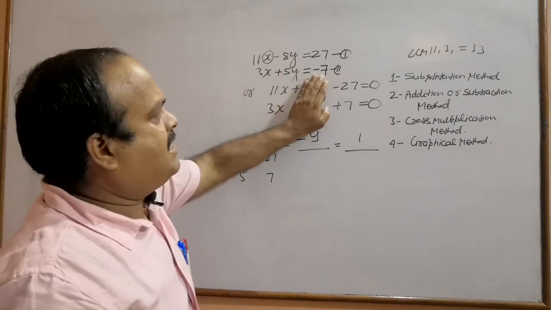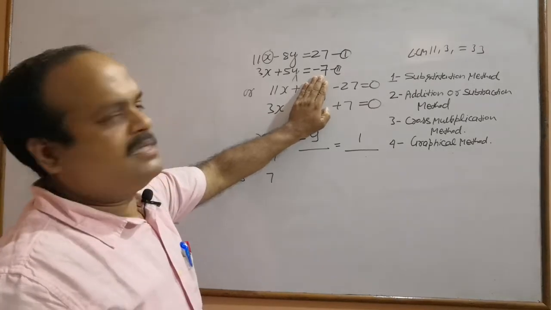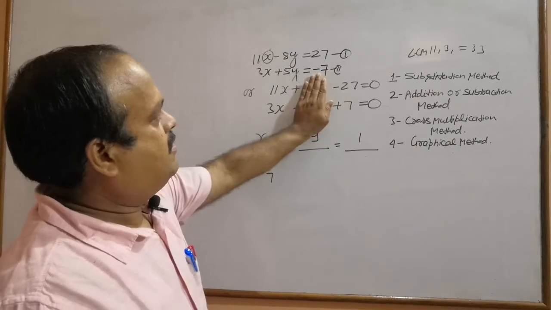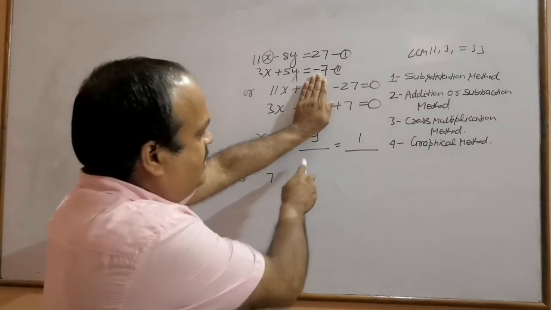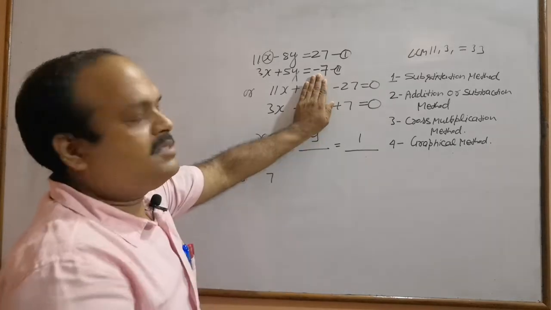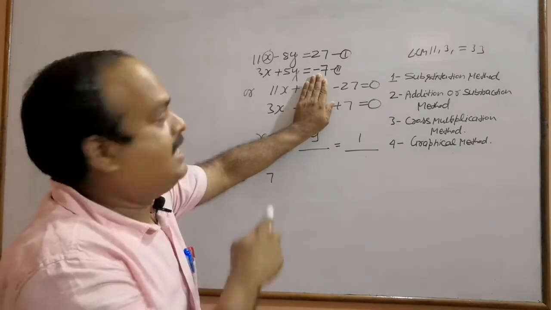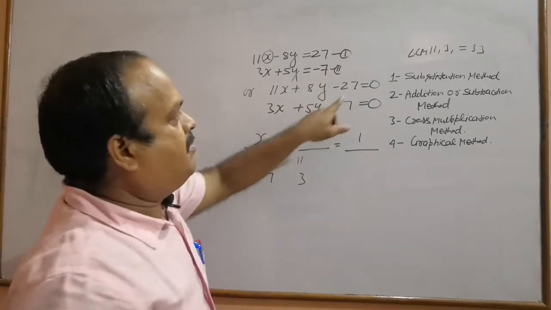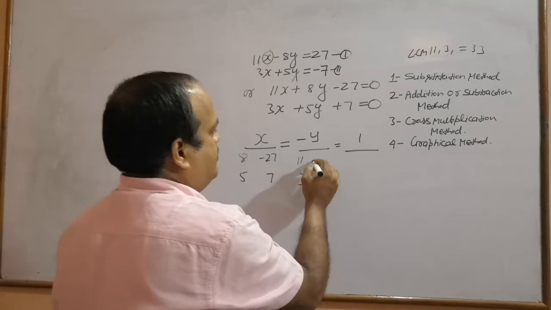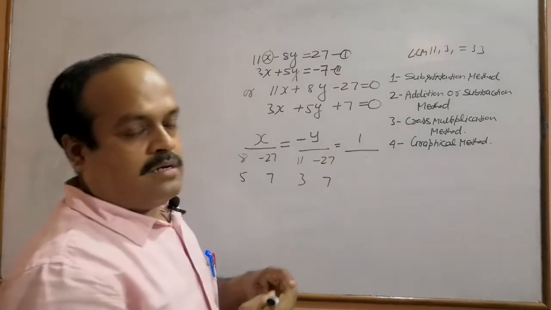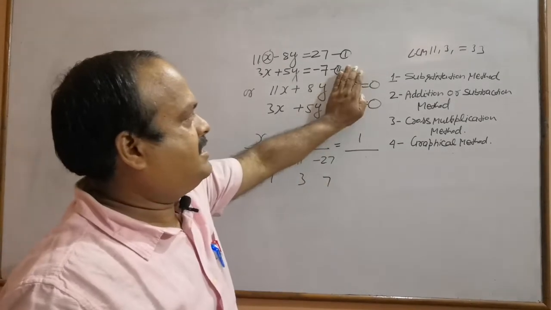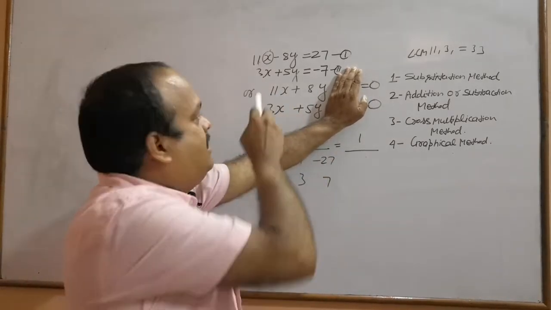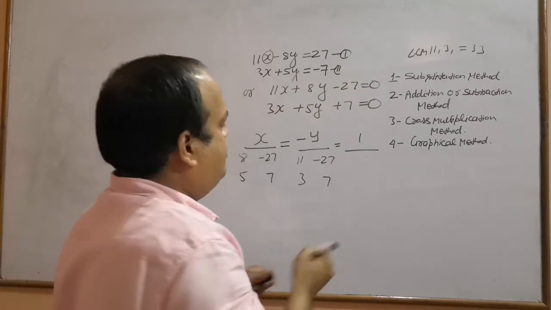To write the denominator of the term y, cover the y terms and write only the coefficients as they are: 11, 3, minus 27, 7. Now the third and last, cover the constants and copy here the numbers 11, 3, 8, 5.